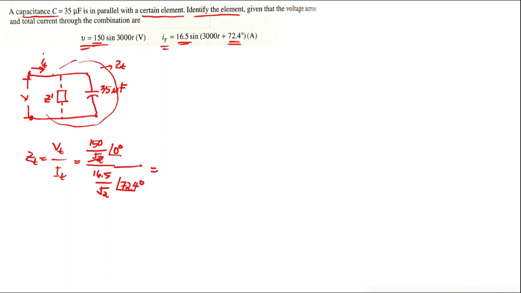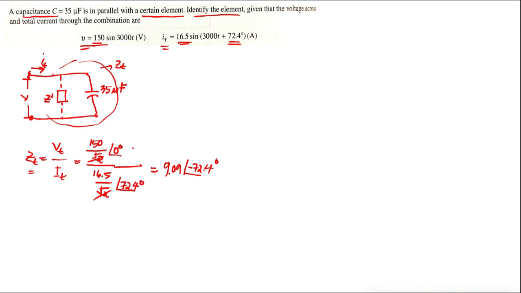Notice that the square root of 2 will be cancelled out, and 150 divided by 16.5 will give us 9.09 with an angle of negative 72.4 degrees. Since this is in the denominator, it will be placed into the numerator, so the sign will change. So this is now your ZT.